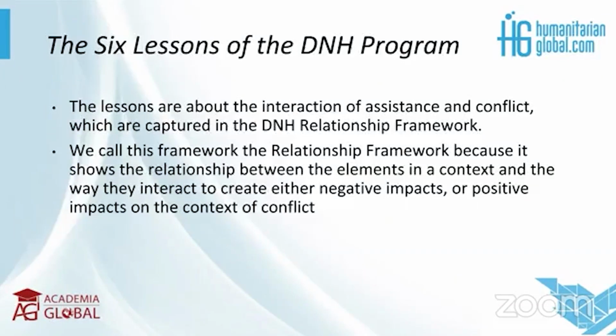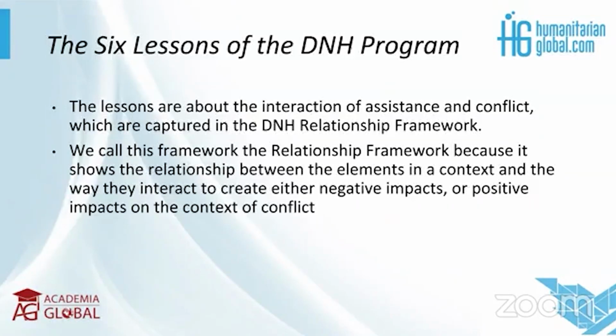So they went round the globe, in the Horn of Africa, in Southeast Asia, Eastern Europe, and so on, in different parts, to study, to observe, to find out. And from their studies, we are able to draw 6 lessons about the interaction of assistance and conflict, which is now captured in the Do No Harm relationship framework, which we'll see next after we finish the lessons.